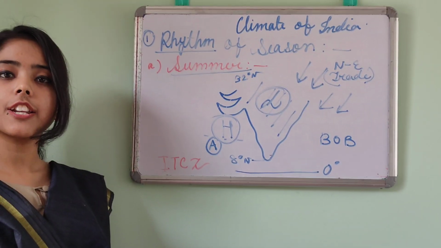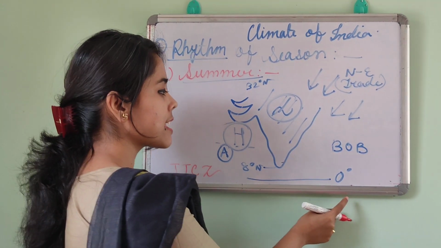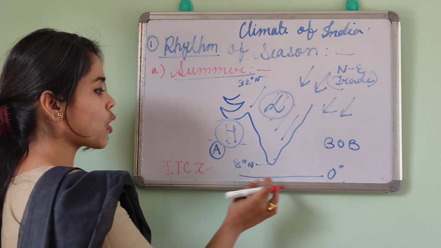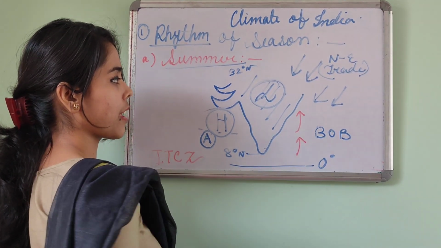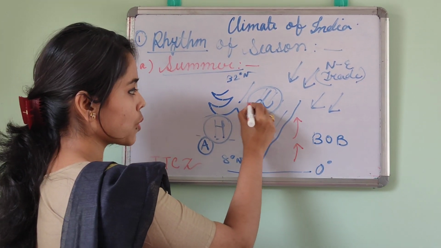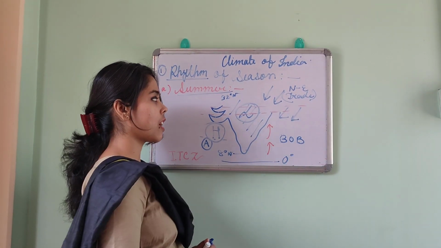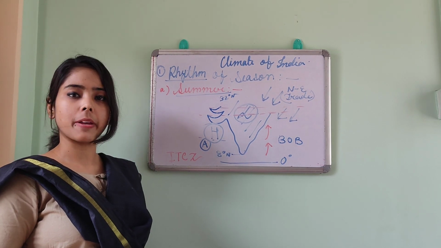Now what is ITCZ? It is the Intertropical Convergence Zone. When the sun starts moving towards north, the ITC zone also starts moving towards north, like this. And at a certain point, this ITC zone will cover this region. ITCZ is a low pressure belt.